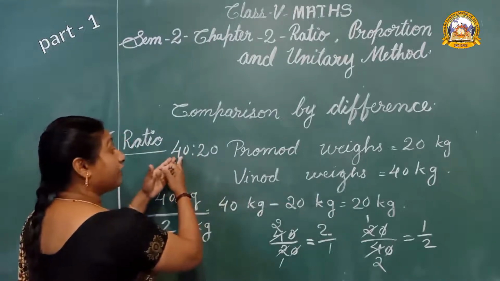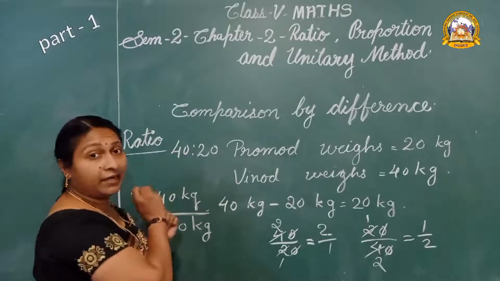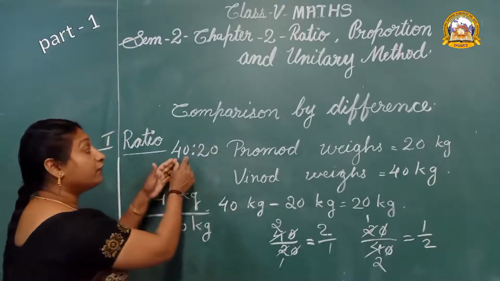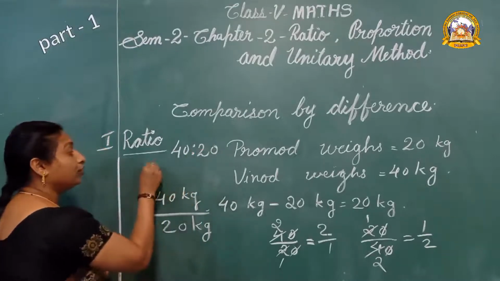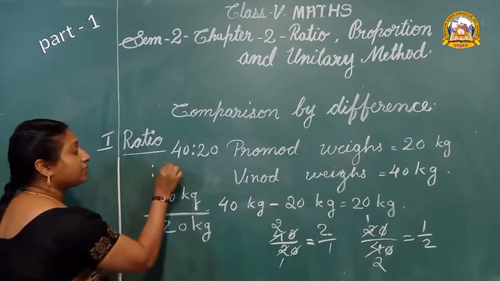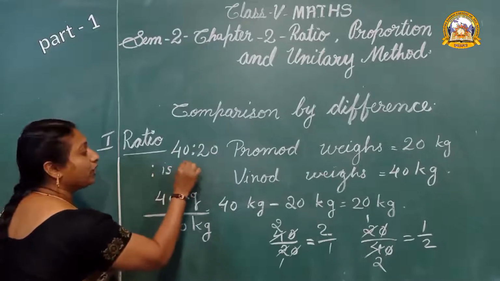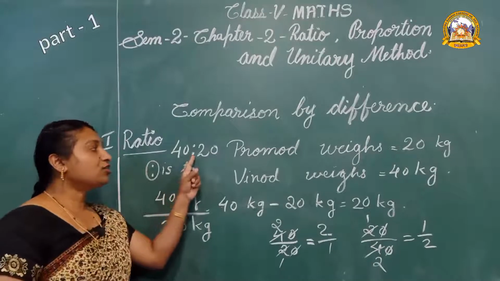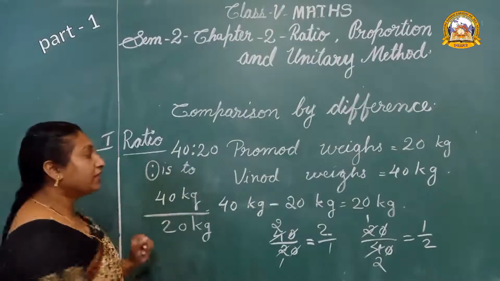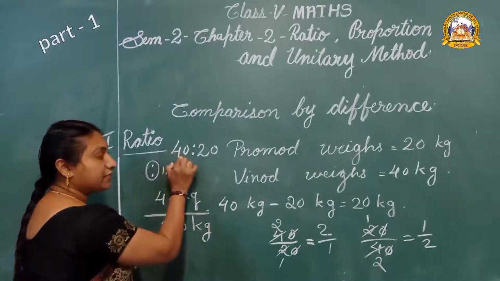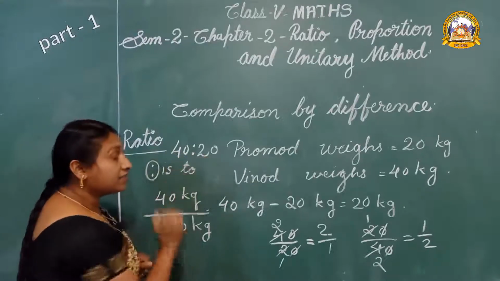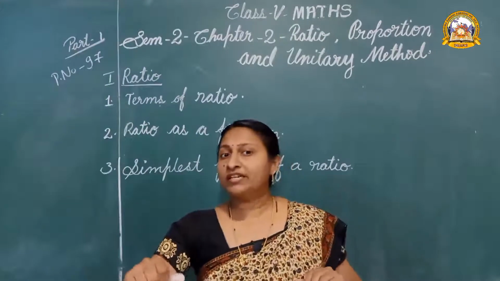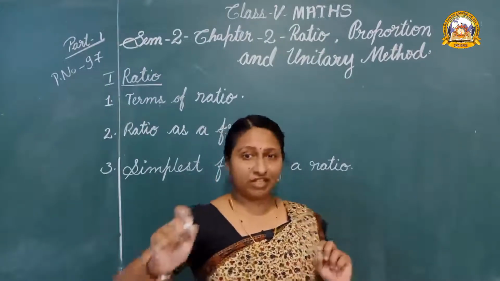Okay, it is first term and it is second term. Children, can you read it? How can we read it? 40 is to 20. There are two terms. First term 40 and second term 20. Now we have learned about the terms of ratio.